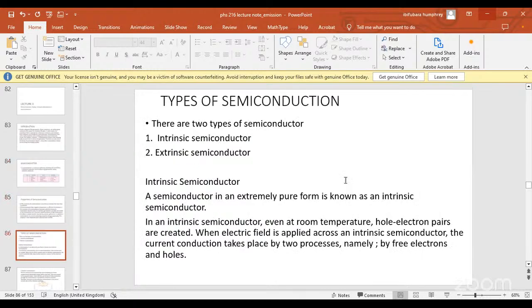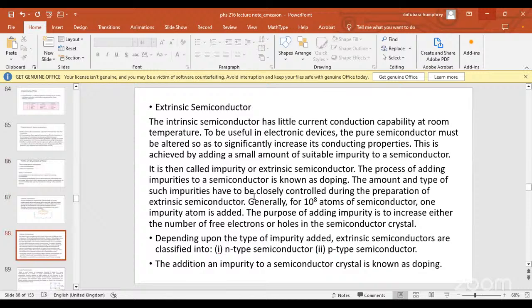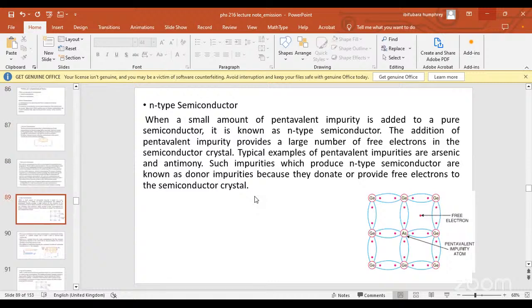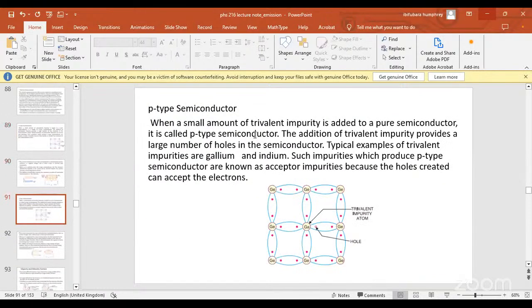We mentioned the types of semiconductors we have, which are intrinsic and extrinsic semiconductors. We explained what an intrinsic semiconductor is and the extrinsic semiconductor, and how N-type semiconductor is formed and how P-type semiconductor is formed. We treated all this last week.